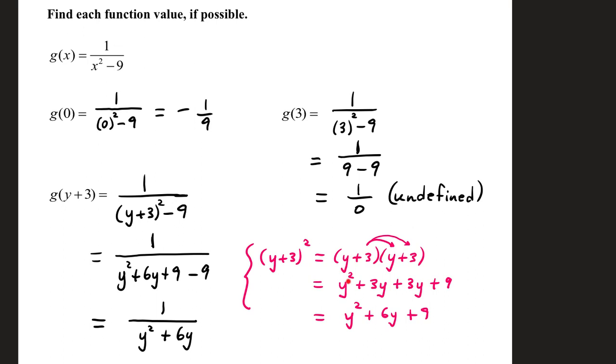Y times y, y times 3, and then you switch over to 3 times y, 3 times 3, combine like terms in the middle. So your overall product is y squared plus 6y plus 9, and that's where I've put that result. We still have to subtract 9 from it. Those 9's will cancel. And our final output is 1 over y squared plus 6y.